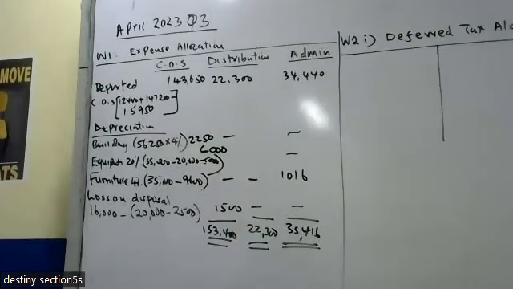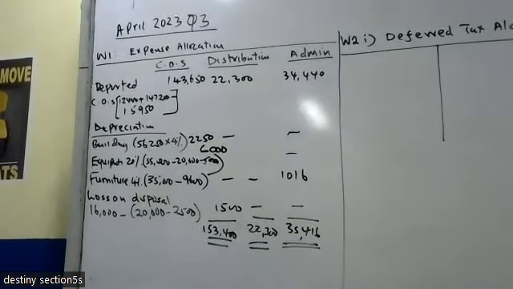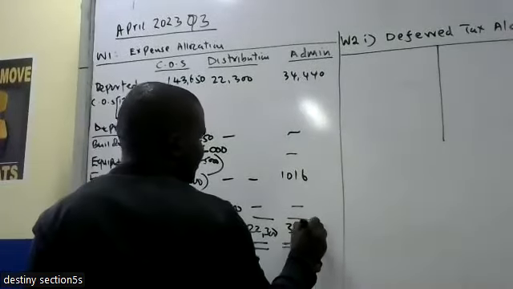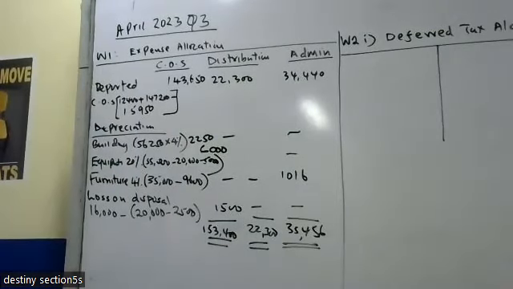Daniel, what is the issue? Olive, cost of sales, 173. People have different answers, so which is which? For admin, 35,456. Olive, cost of sales is how much? Olive is saying it is not 153, that it should be 173. Olive, how did you get 173?